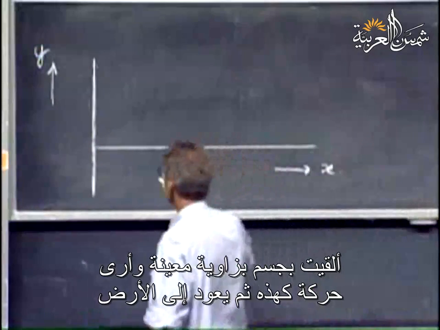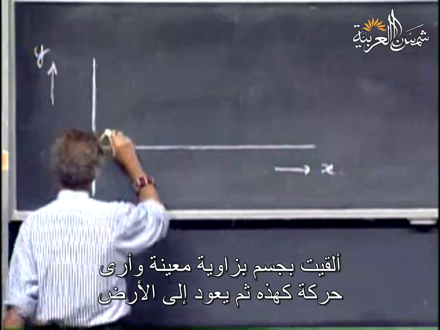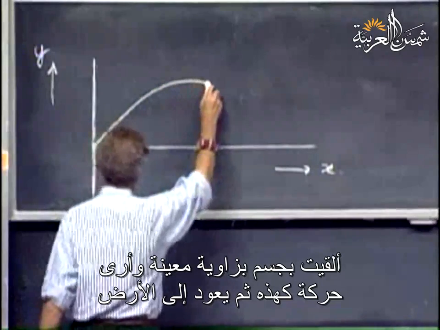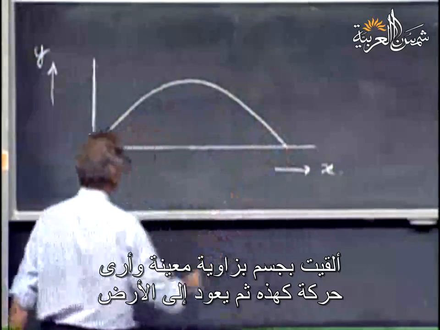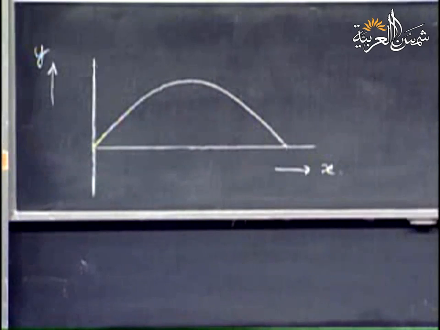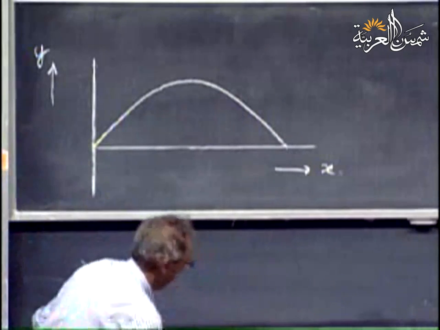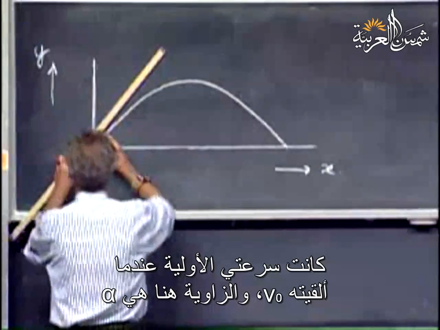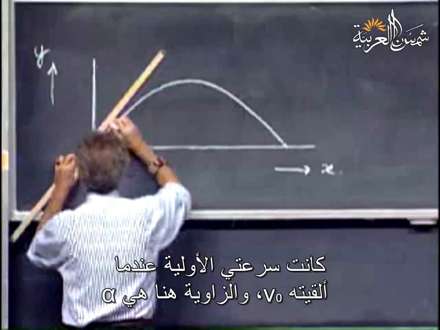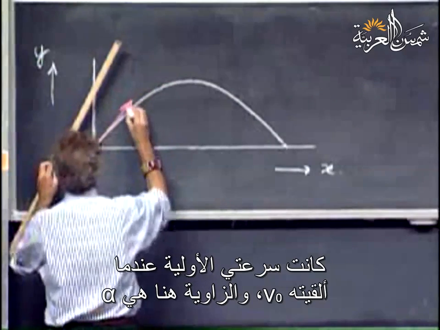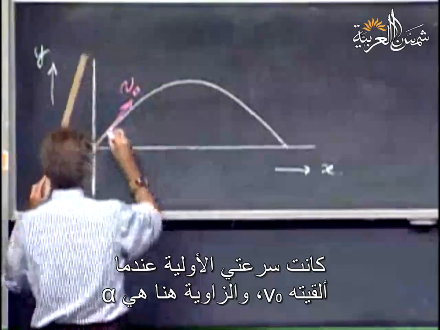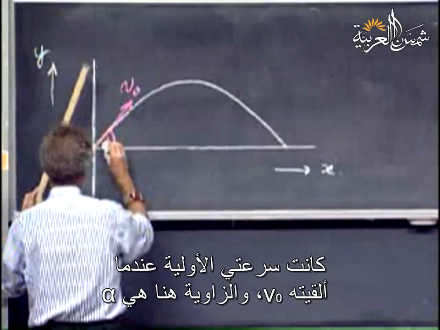I throw up an object at a certain angle, and I see a motion like this, and it comes back to the ground. My initial speed when I threw it was v0, and the angle here is alpha.